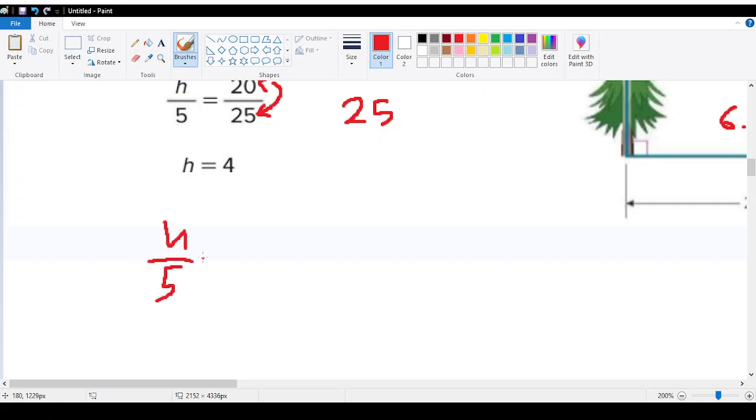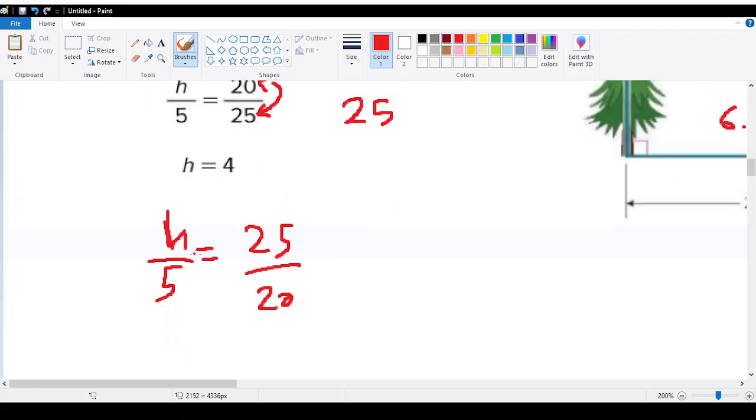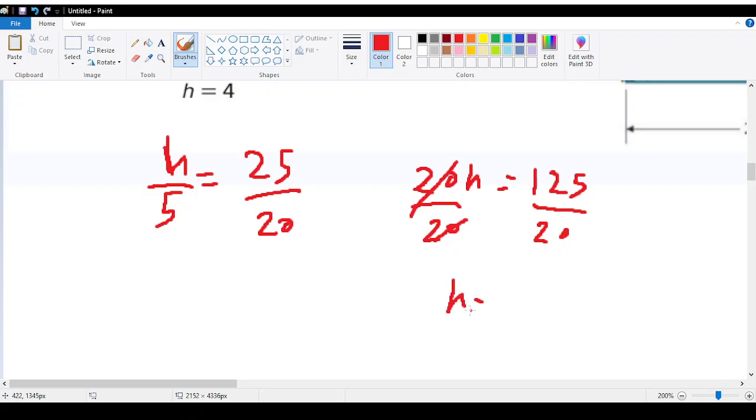So you said h over 5 equals 25 over 20, right? We wrote it and solved it. Did the teacher tell you to flip them? Yes. Now if you want to solve this, what will you do? Cross multiply as well. So 20h equals 25 times 5, which is 125. Divide by 20. h equals... I put it on the calculator in front of you. How much? 6.25.